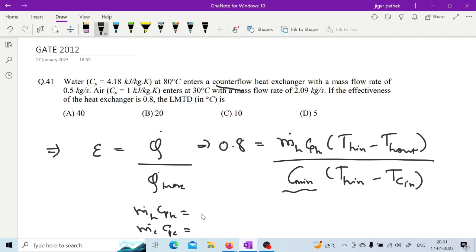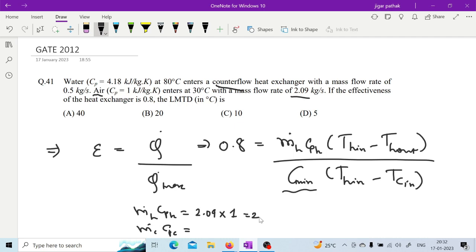So both are coming the same, right? Because for the cold fluid it is 2.09 into 1, because for air C is 1 and this flow rate is 2.09.